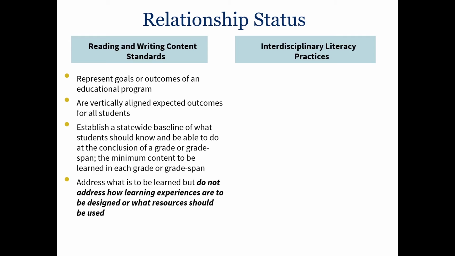They're vertically aligned, and they're expected outcomes for all students. They establish that statewide baseline of what we want students to know and be able to do at the conclusion of a grade or a grade span, and it's the minimum content. That's what we have to remember. This is the minimum of what we want kids to know and be able to do.